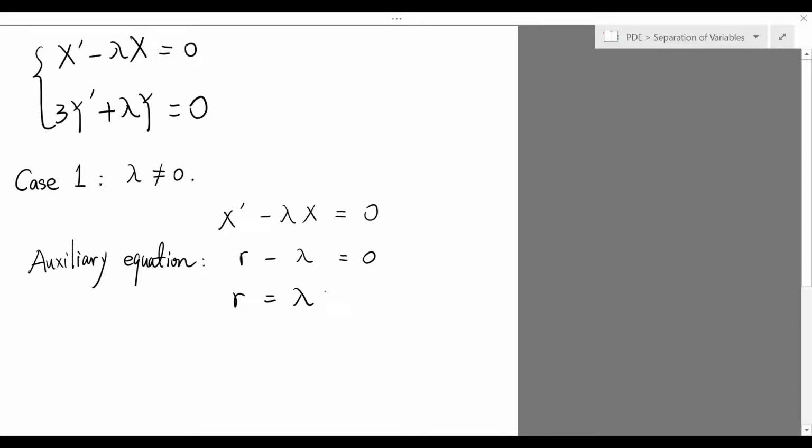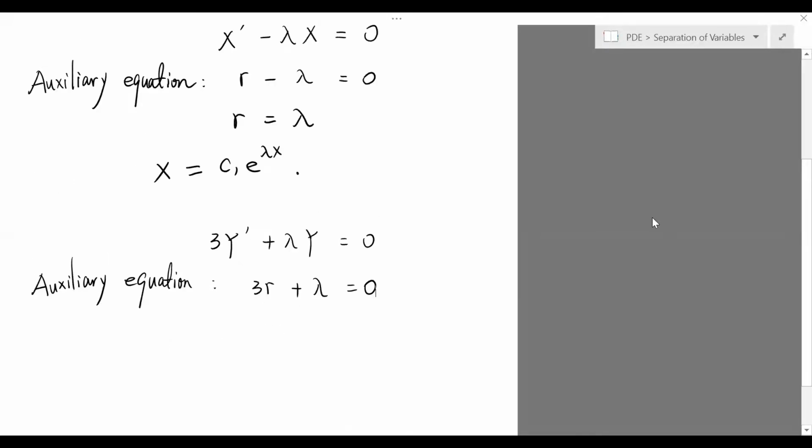So we conclude that the solution to this ordinary differential equation is capital X equal to C1 times e to the lambda x. Similarly, the auxiliary equation to the second differential equation is 3r plus lambda, and the root is just r equal to negative lambda over 3.